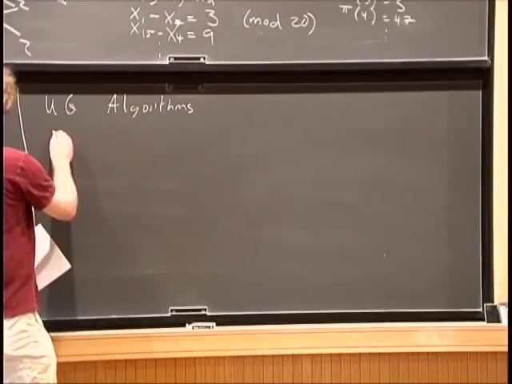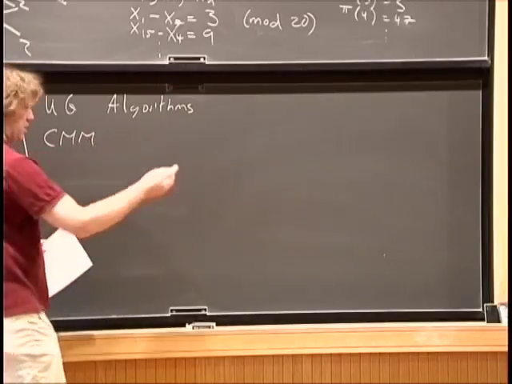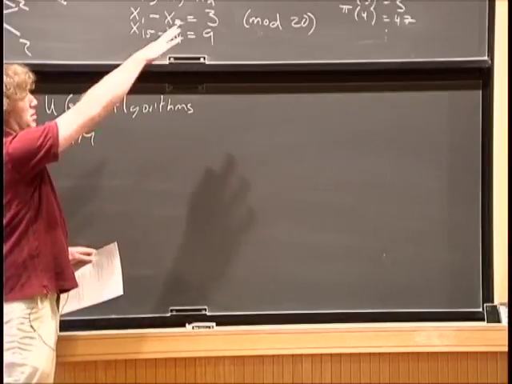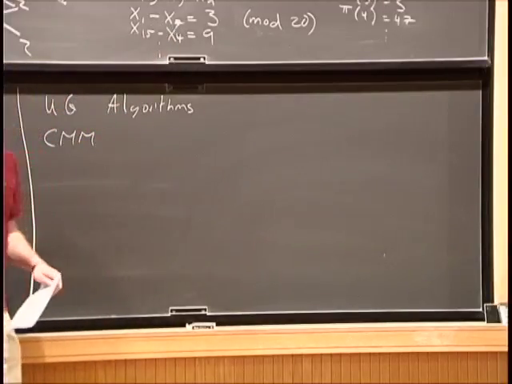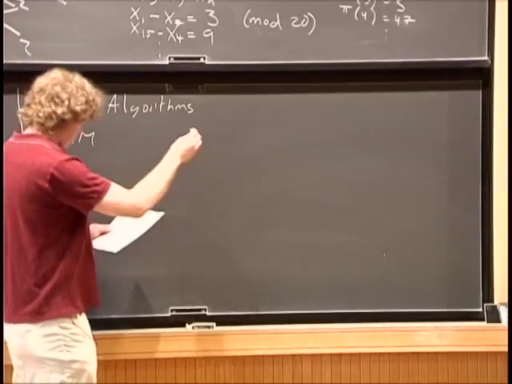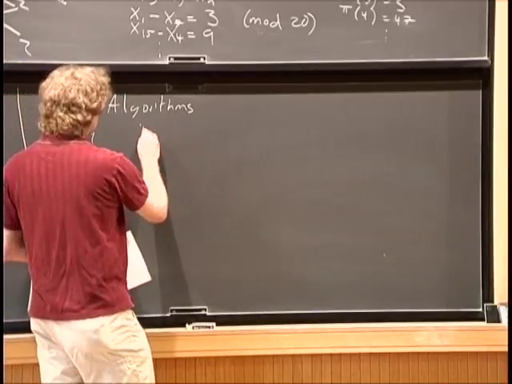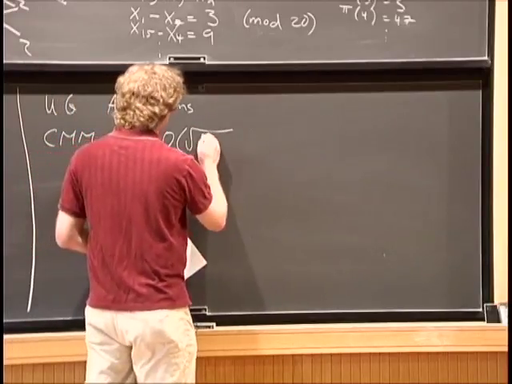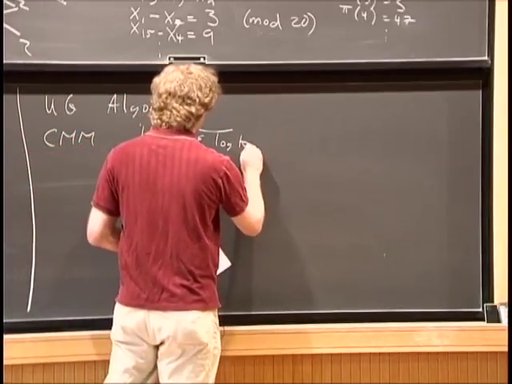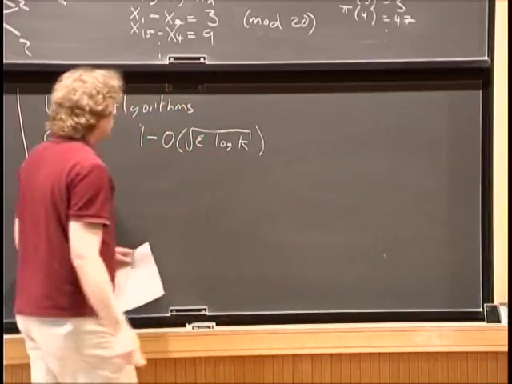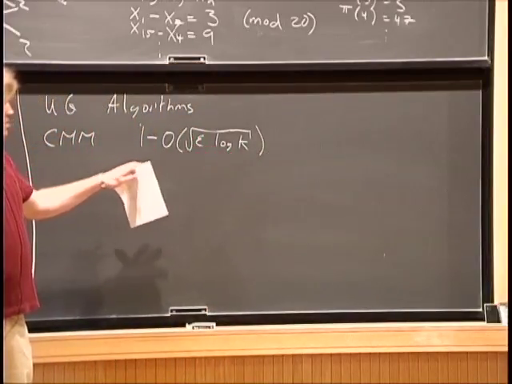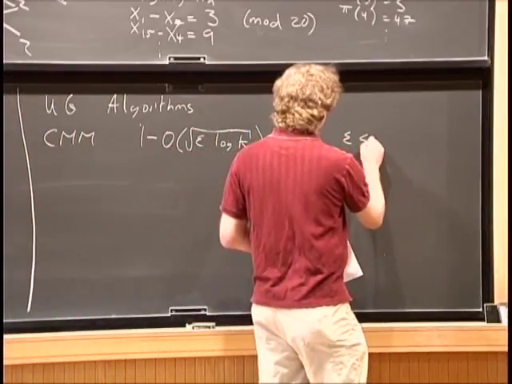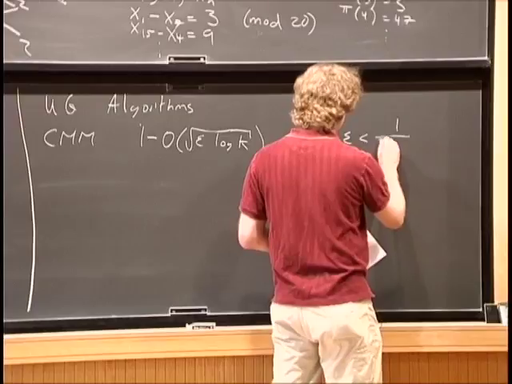So Charikar, Makarychev, and Makarychev gave an algorithm that, we'll assume we're starting with something with value 1 minus epsilon. Their algorithm gives a labeling of value 1 minus square root epsilon log k. And just to note, this is only really of interest if epsilon is less than 1 in log k.